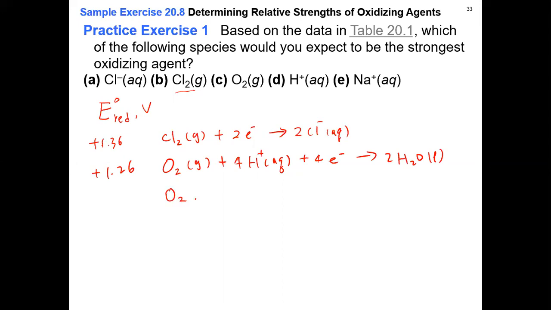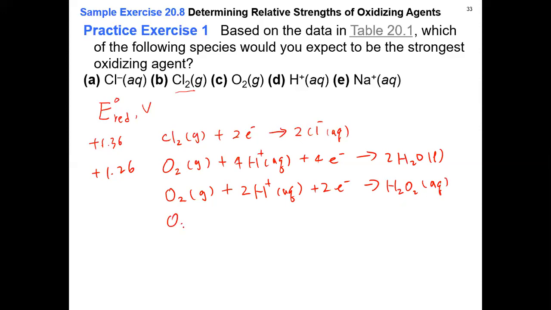O2 gas can also act as an oxidizer in a less concentrated acid solution, so you have only 2H plus, plus 2 electrons. The product is not H2O but H2O2, which means hydrogen peroxide, aqueous.